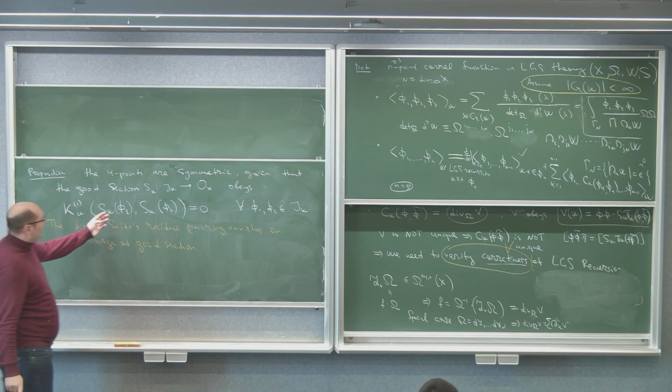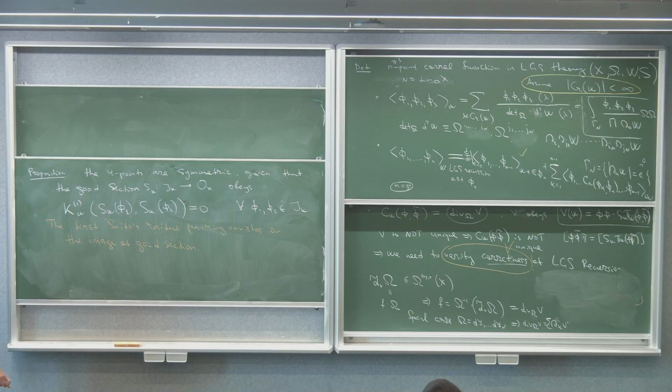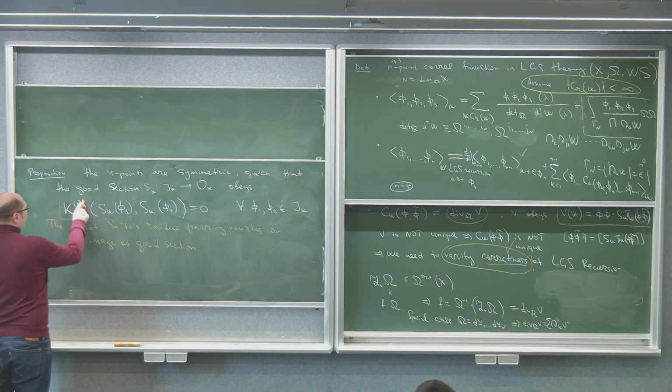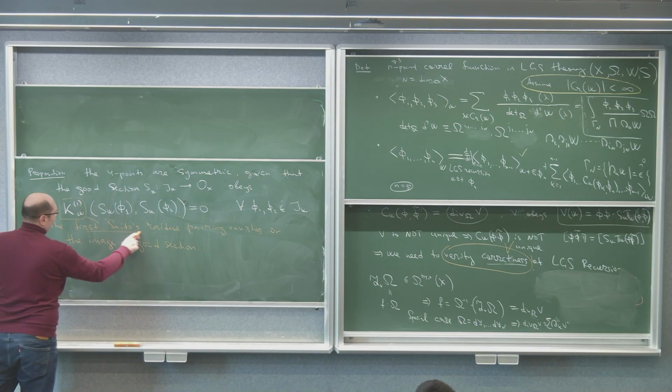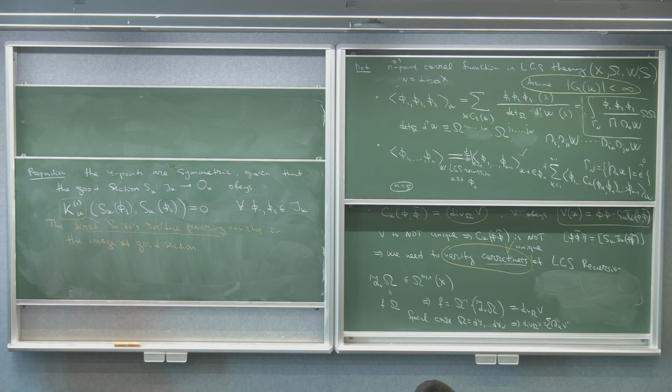So here, we apply good section to two classes, so we get two elements from the image of a good section, and we demand that K1, that is this first residue pairing, vanishes on this image.